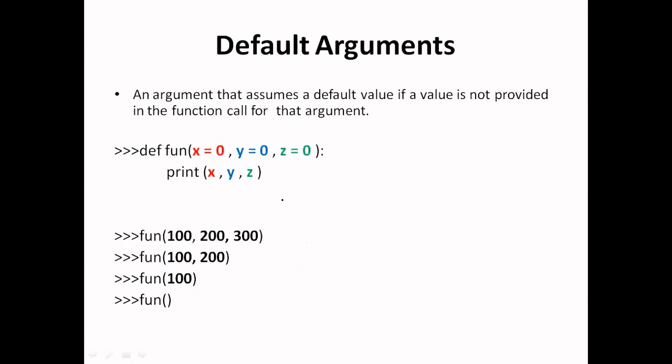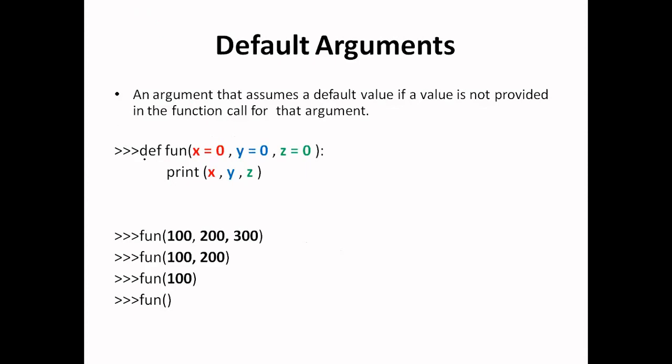Next one is the default argument. It helps in function calling, and if we do not provide any value for calling that particular function, the default value is used. If we provide a value while calling that function, this value will be used.